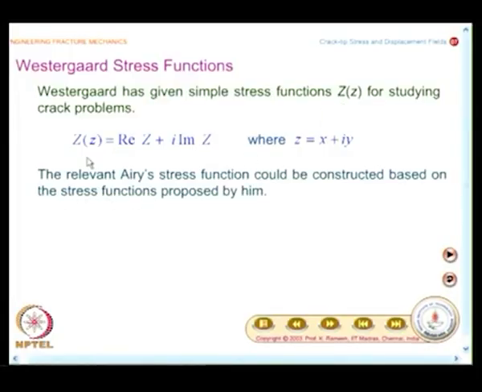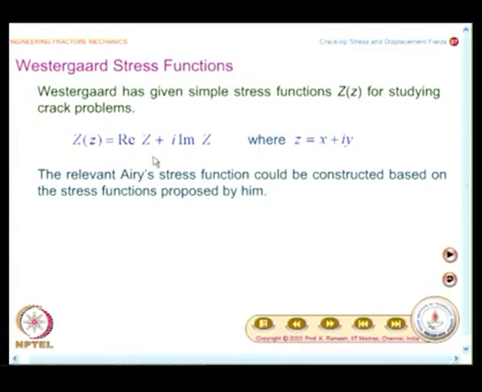And he has also written the function as real part of Z plus i imaginary part of Z. Though conventionally we write the real part as U and imaginary part as V, once you come to solid mechanics, you know U and V are reserved as u displacement and v displacement.